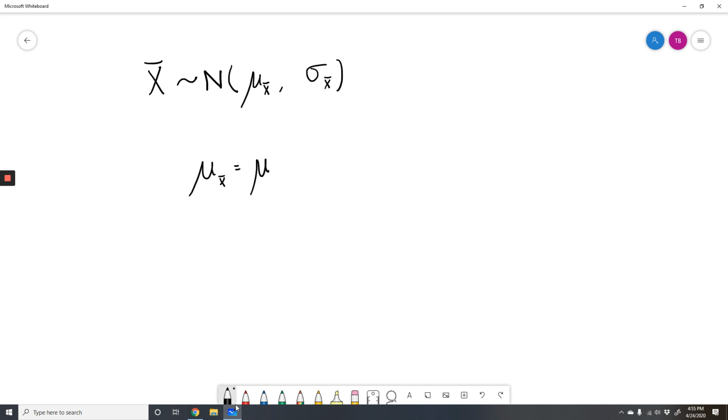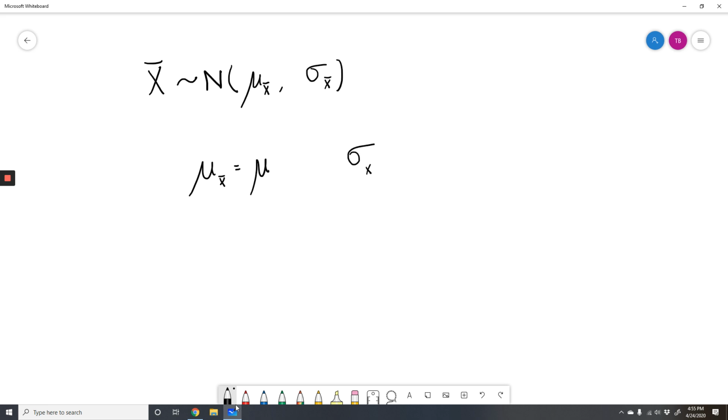Okay. Well, if you remember, the central limit theorem says that the distribution of all sample means, if we know the population standard deviation, is normally distributed with mean mu sub x bar and standard deviation sigma sub x bar, where mu sub x bar, the mean of this distribution of sample means, is just the same as the population mean.